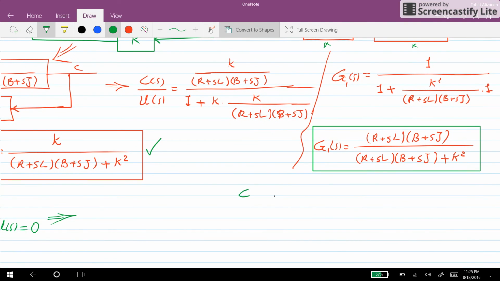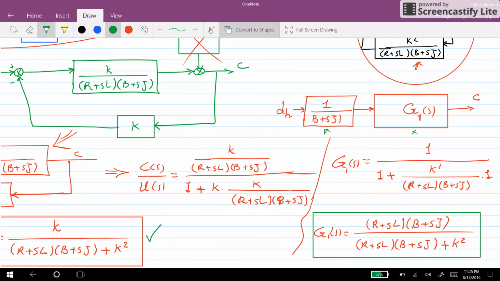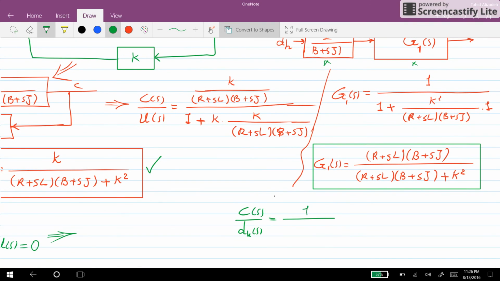So we will have c over dh is given by, the first transfer function is 1 over b plus sj, 1 over b plus sj times g1. And g1 is this guy here, r plus sl, b plus sj over r plus sl times b plus sj plus k squared. And here we can see that b plus sj appears both in the numerator and the denominator.